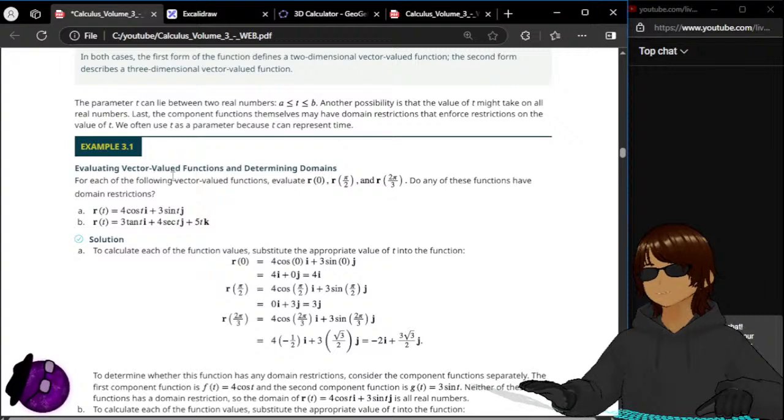For each of the following vector valued functions, the solution is right here. Do any of these functions have domain restrictions? So r(t) is 4 cos t, 3 sin t. Do sin t and cos t have domain restrictions? No, actually they don't. To calculate each of the function values, substitute the appropriate value of t into the function. We are left with 4i.